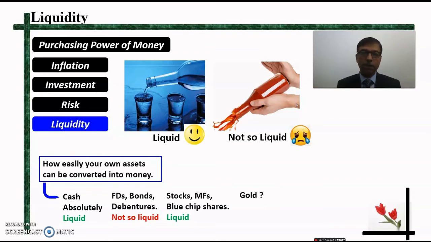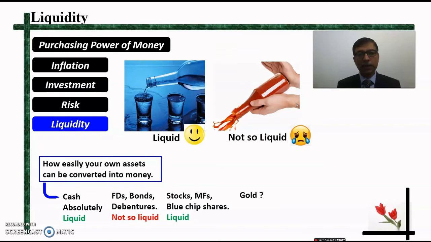If you require to spend a small portion of that, then you may have to go to the market, convert that gold into cash, and only then you will be able to use it. And especially if you have kept gold in the form of jewelry or ornaments, then you may not get the entire value out of it. Therefore, gold as a personal asset is not considered to be very liquid.